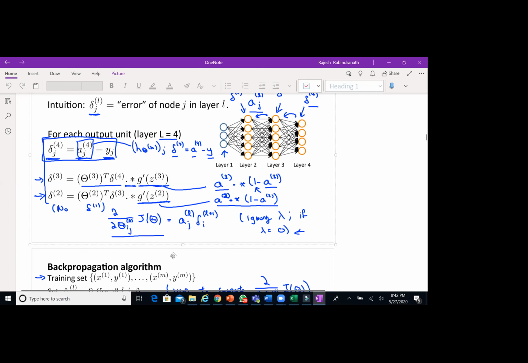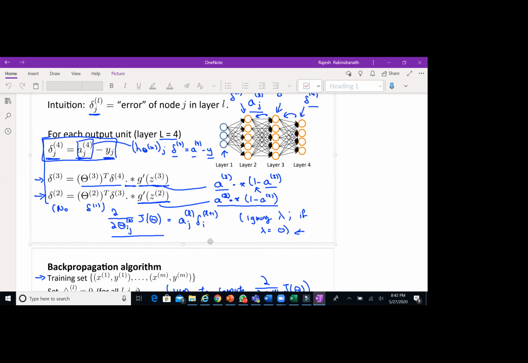Rajesh, yeah. Quick question. If you go back to the delta 3, what we are saying is we are trying to derive what the layer 3 is going to be, going backwards. Error of layer 3. Since we don't have an actual value, we calculate what the layer 3 value should be.